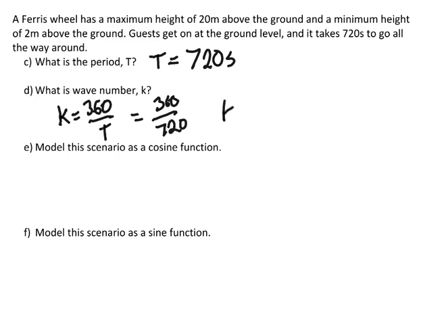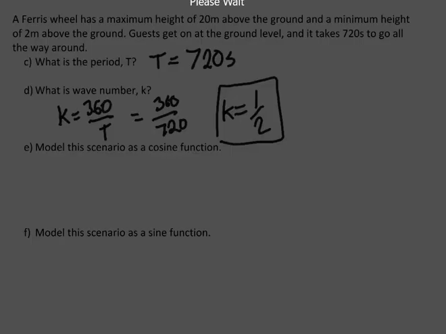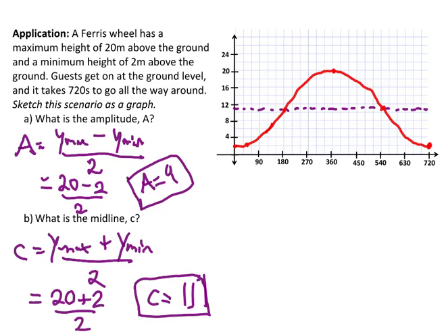So k is equal to a half. Now let's actually look back at our picture and make sure that makes sense. So k is how much of my cycle fits within 0 and 360. So between 0 and 360, notice that half the cycle happens. I just go from the bottom to the top, which is half of the way around. So that makes sense with a k value of a half.